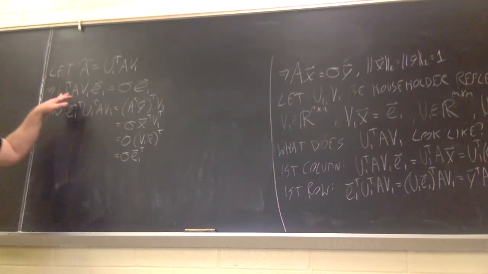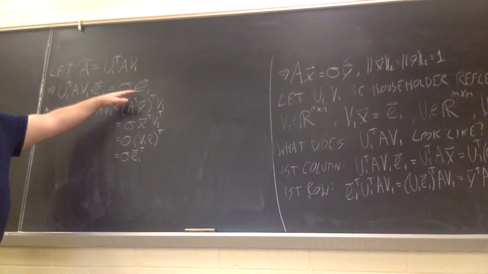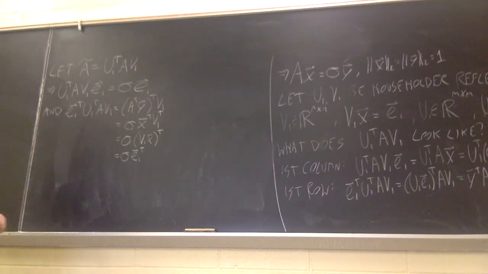So what do we have? The first row of A tilde, this matrix here, I should have written it that way, is all zeros except for sigma in the first position.